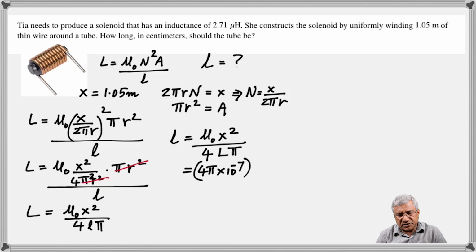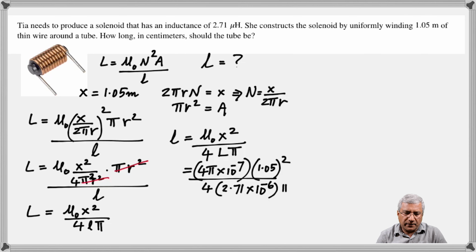X is given as 1.05 meter, but there is a square on that. Divided by 4 times the inductance. The inductance is 2.71 microhenry. Now micro is 10 to the negative 6. So 2.71 times 10 to the negative 6 times pi.